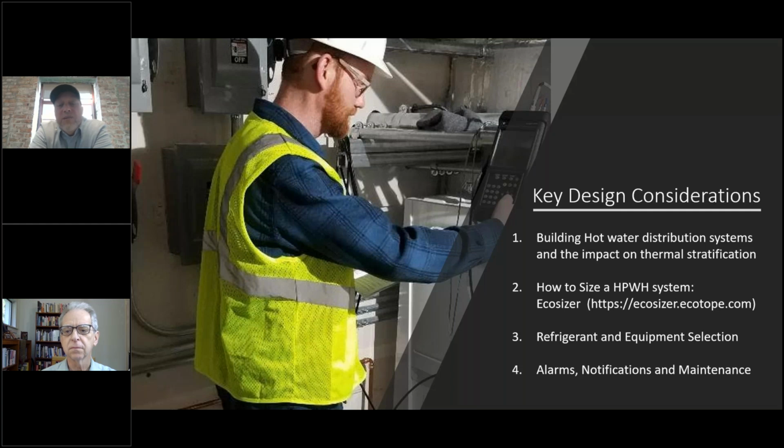Refrigerant and equipment selection is a pretty hot topic now. Refrigerant phase out is happening across HVAC and hot water. And then the importance of alarms and notifications and proper training with your maintenance. Those are your key pieces as you're diving into designing with these systems.